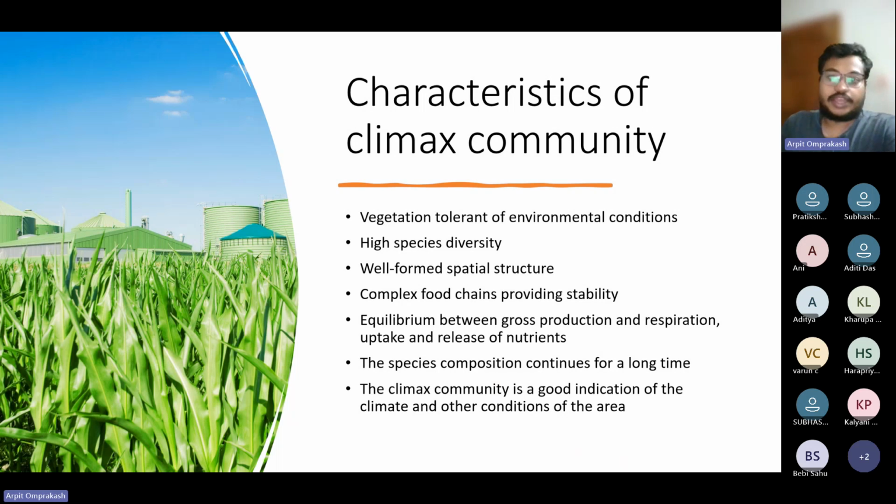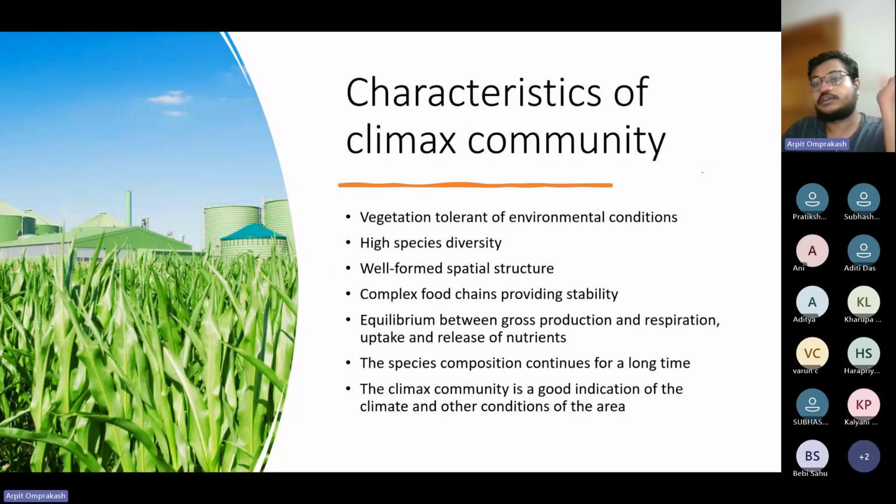So here are a few characteristics of a climax community. The vegetation is tolerant of the environmental conditions, and climax communities generally have high species diversity and a well-formed spatial structure.